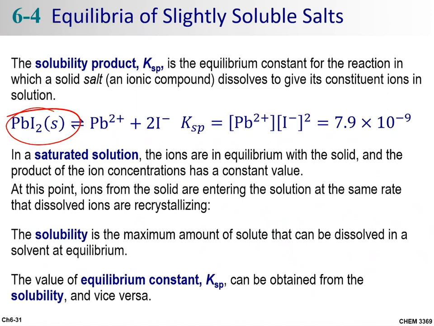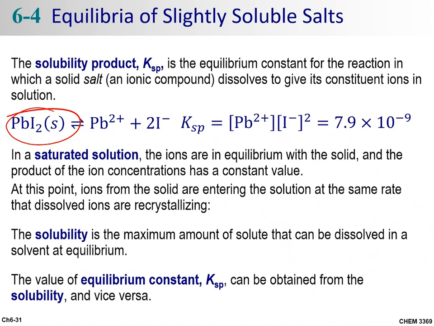Now, keep in mind that this is not a static picture, right? The equilibrium is a dynamic state. So the ions from the solid are entering the solution, and at the same time, the dissolved ions are recrystallizing.